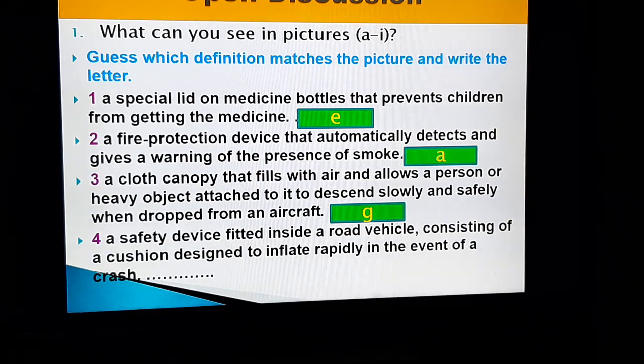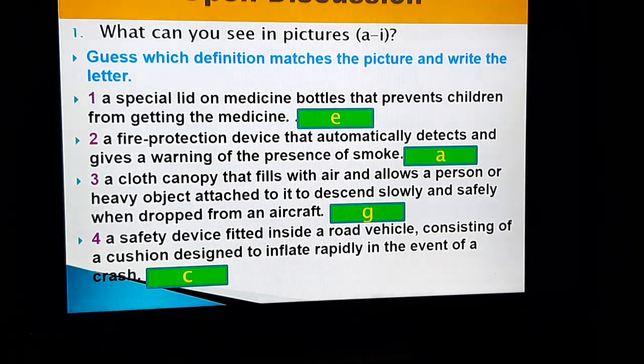If there is a car accident or a heavy crash, there is something that can save the driver during the accident. It's called the airbag, and the airbag is in picture C.